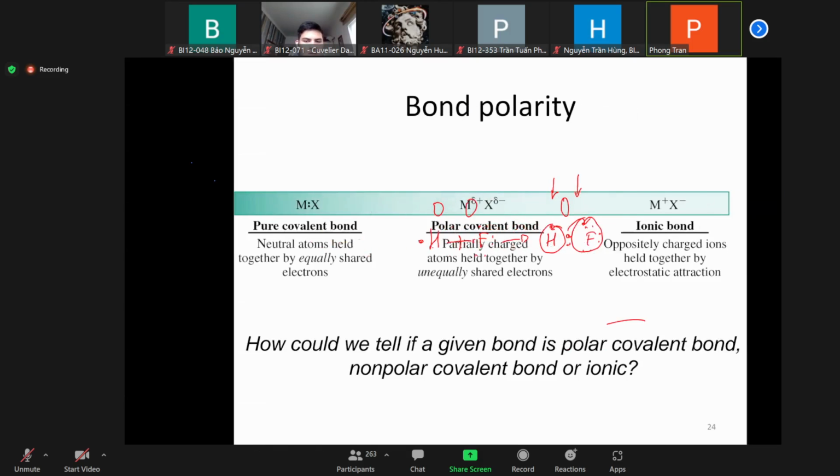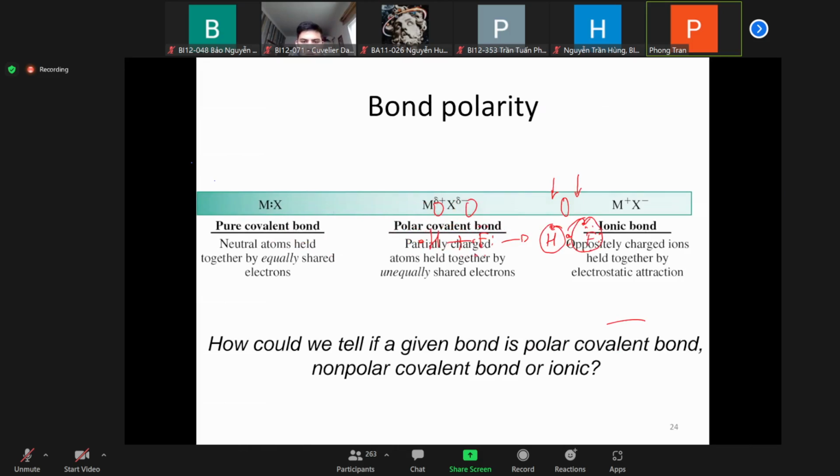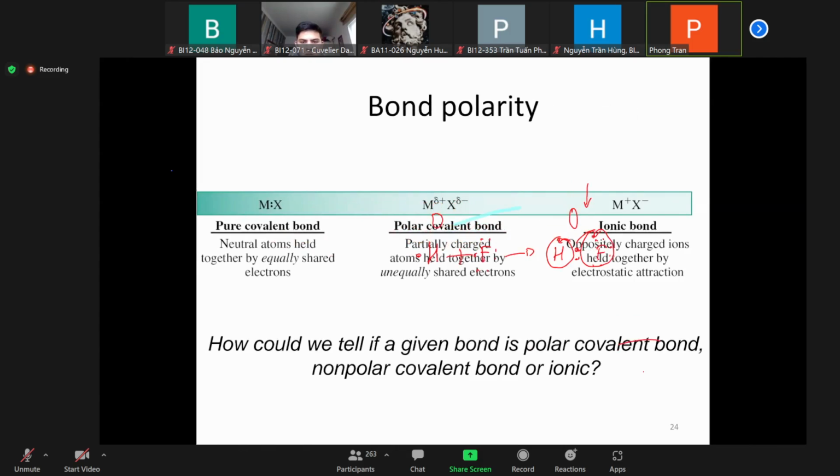So we talk about bonding polarity. If you have a pure covalent bond, like two guys who both put in equal contribution in the technology to start up, then in the pure covalent bond, the neutral atoms are held together by equally shared electrons.